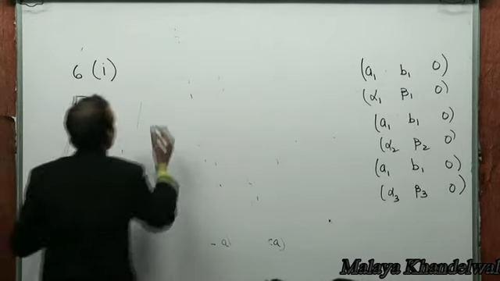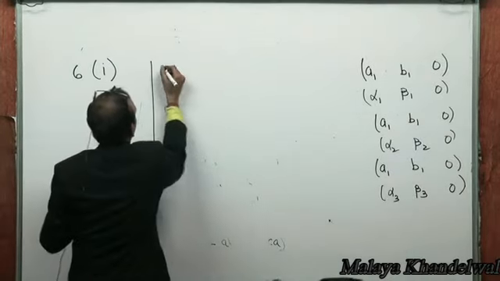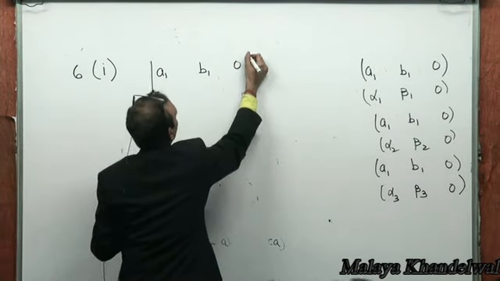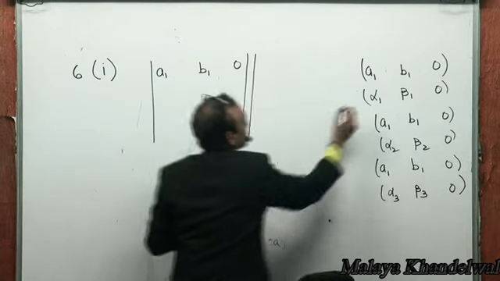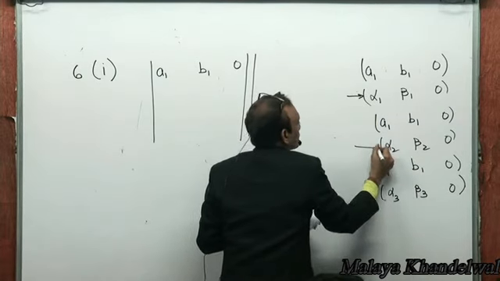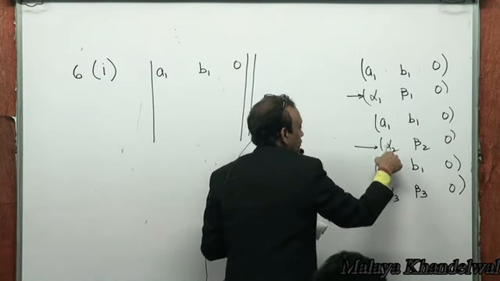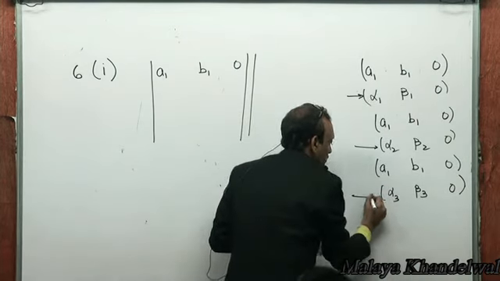And therefore, the given determinant, you would expect the following at least. A1, B1, 0. Then first row of the second determinant, second row of the second determinant, third row of the third determinant.